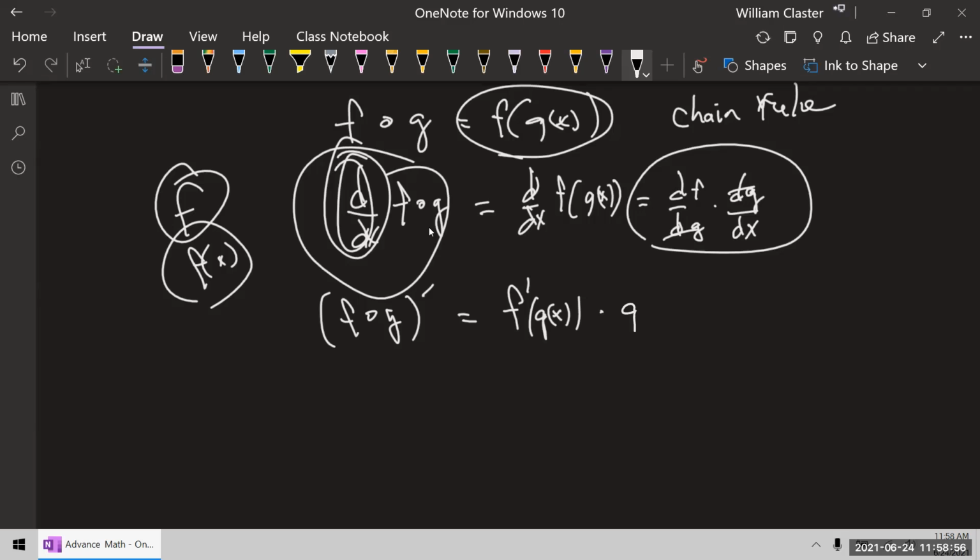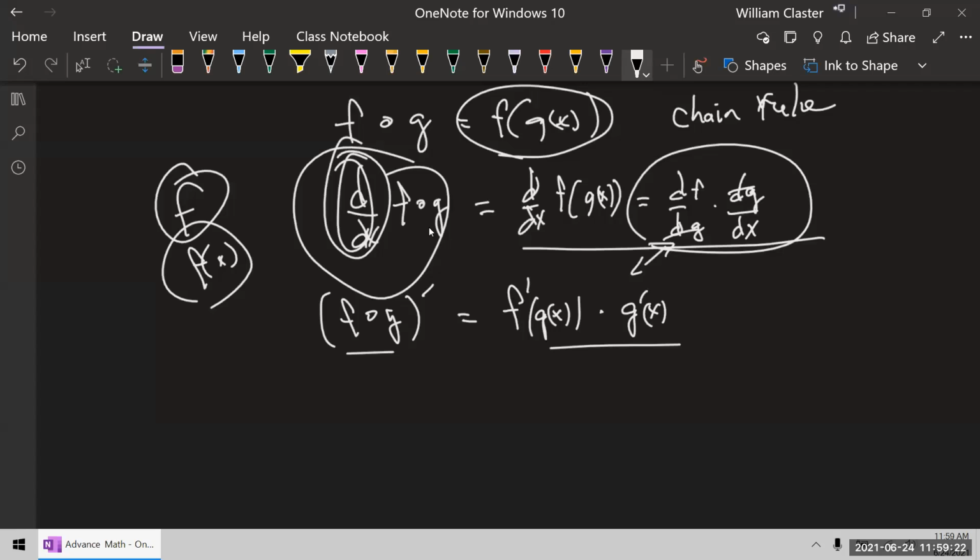Times g prime of x. So these are the same, just different notation, and maybe that's not very clear. But this is also the same rule, actually, just written differently. So this is called the chain rule, and this is also called the same chain rule, just two different ways of writing it. And I can understand that that may not be that clear, but it is true.